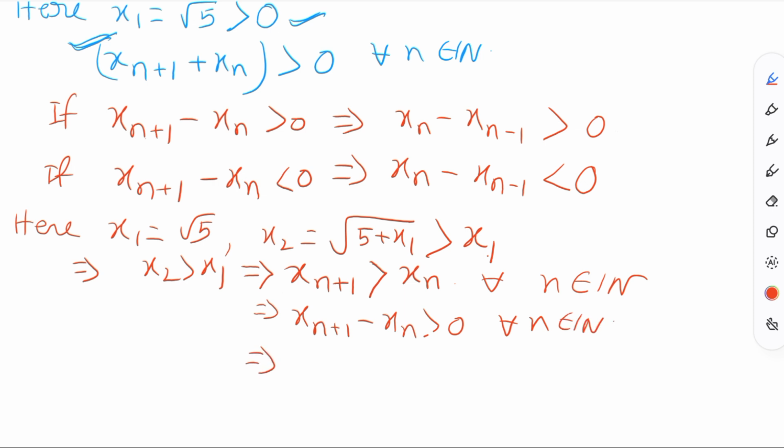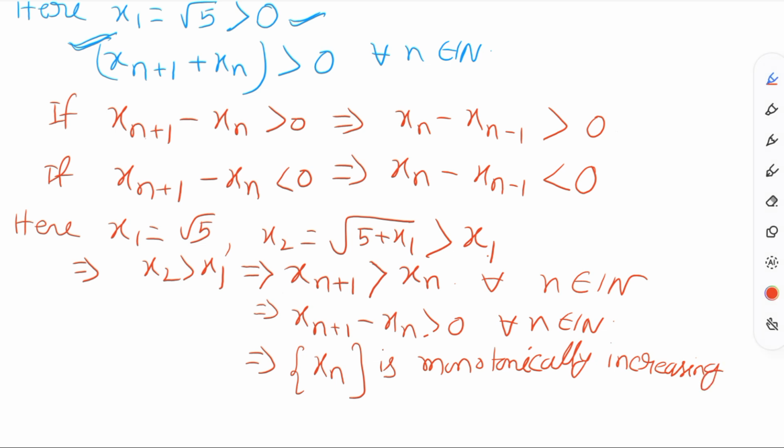Now, already discussed, if xn plus 1 minus xn is greater than 0, then the sequence xn is monotonically increasing. Okay everyone, so the sequence is monotonically increasing. Now show that the sequence is bounded above.